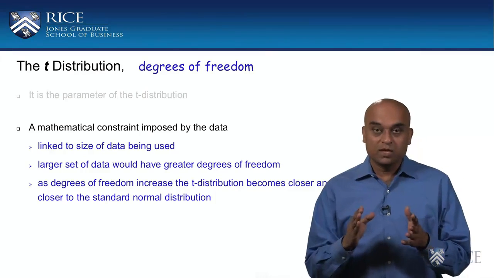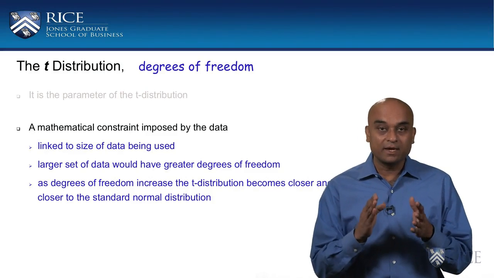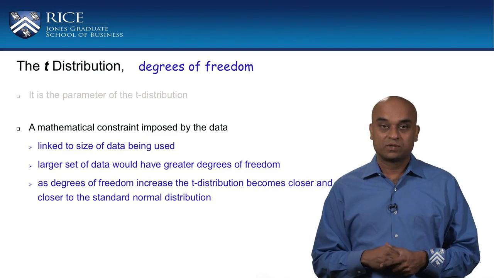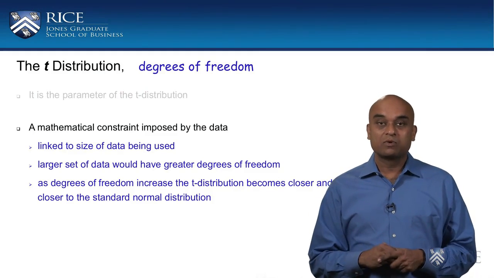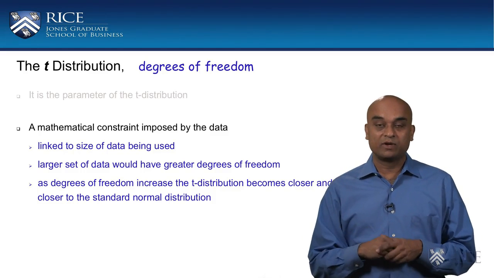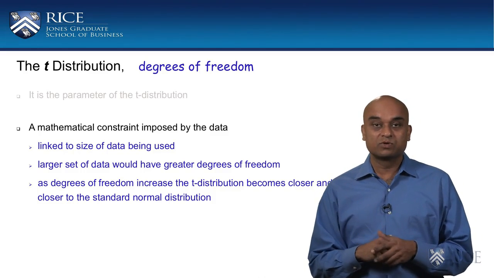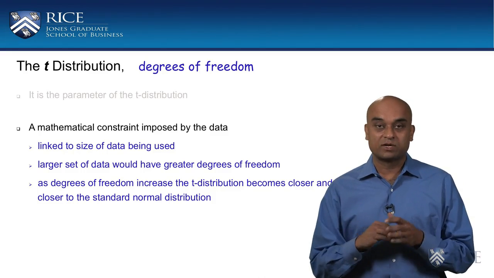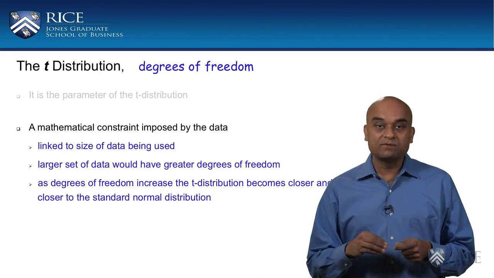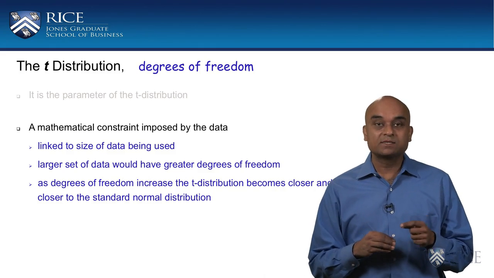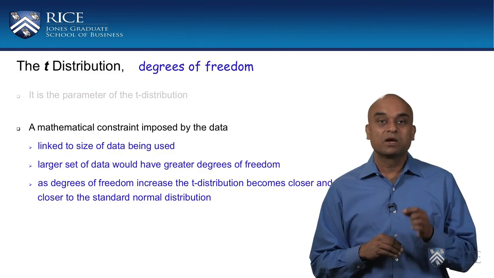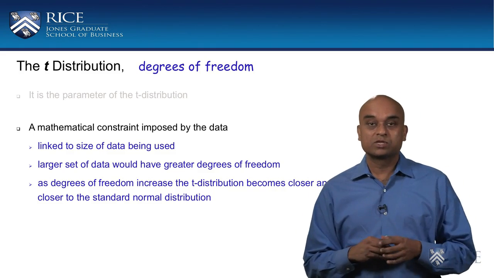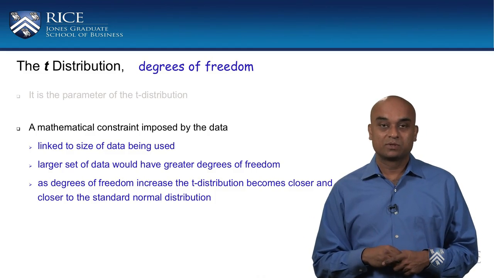Using this notion, the degrees of freedom get linked to the size of data being used. So, a t distribution using a larger set of data would have a greater degrees of freedom than a t distribution using a smaller set of data. And as we have seen in this lesson, as the degrees of freedom increase, the t distribution becomes closer and closer to the standard normal distribution.